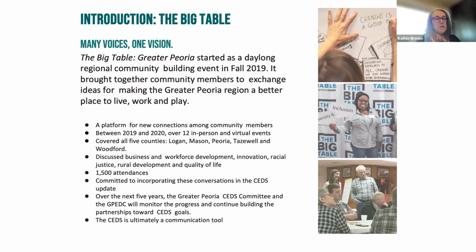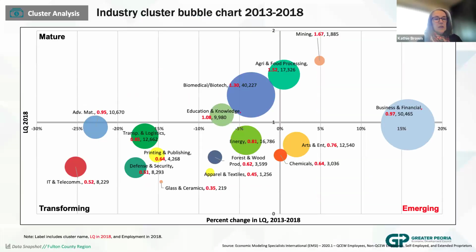So the next challenge in terms of planning, and the next slide begins to illustrate that. This is kind of a busy slide, but it really speaks to the importance of data and information in planning. In our region, we've used a couple of strategies worth noting.